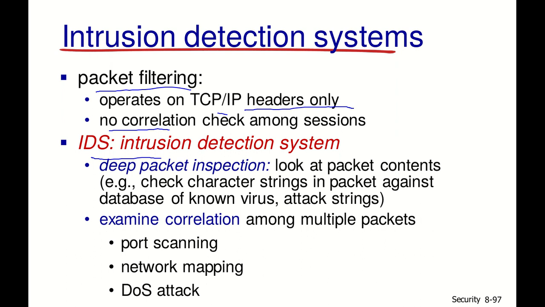So normally the firewall and IDS come together. Right now there is also the intrusion prevention system, which apart from detecting any intrusion, can also prevent the intrusion from happening in the internal networks. But anyway, let's just talk about the IDS.